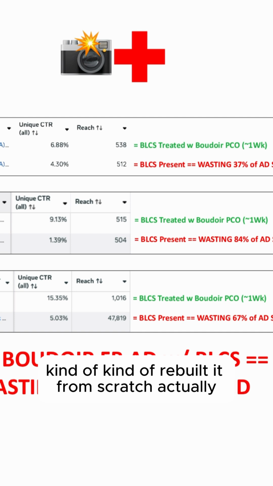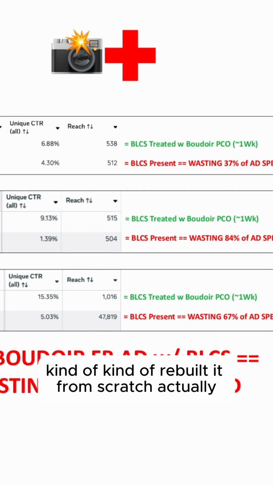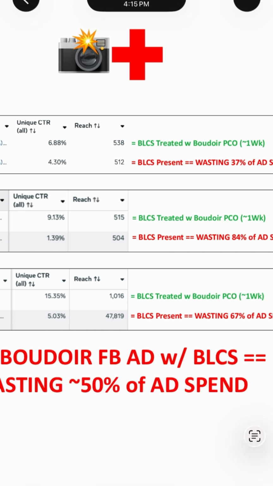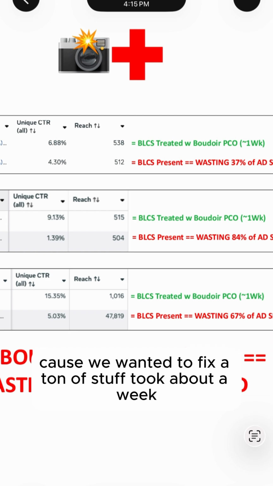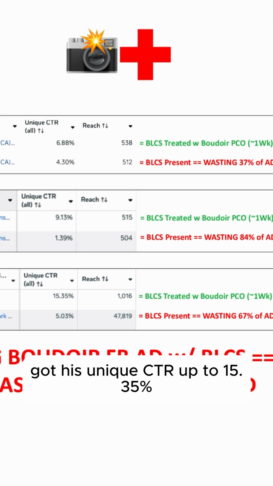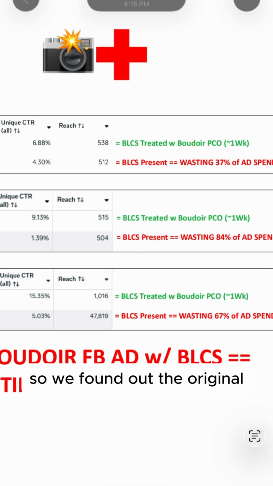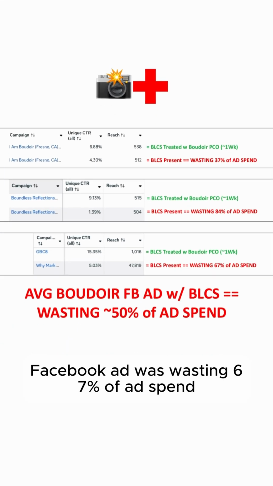We kind of rebuilt it from scratch, actually. But we did our treatment with Boudoir Pico because we wanted to fix a ton of stuff. It took about a week, and we got his unique CTR up to 15.35%. So we found out the original Boudoir Facebook ad was wasting 67% of ad spend.